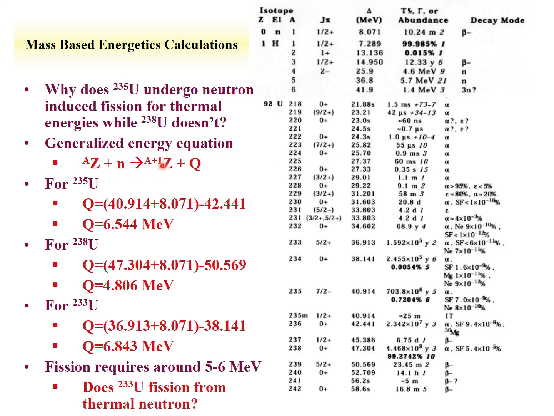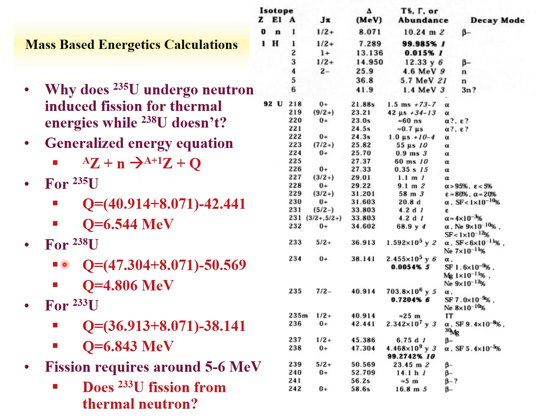So let's look at the reaction of a neutron with uranium-235 and uranium-238. Calculate the Q value. So the Q value for uranium-235 would be uranium-235 plus a neutron going to uranium-236. And for uranium-238 would be uranium-238 plus a neutron going to uranium-239.